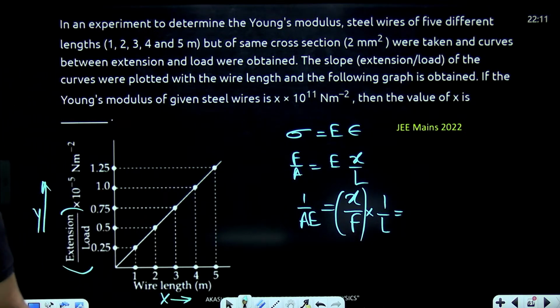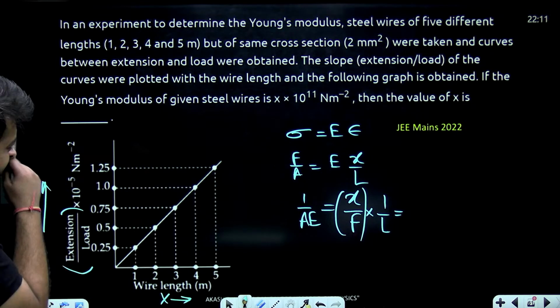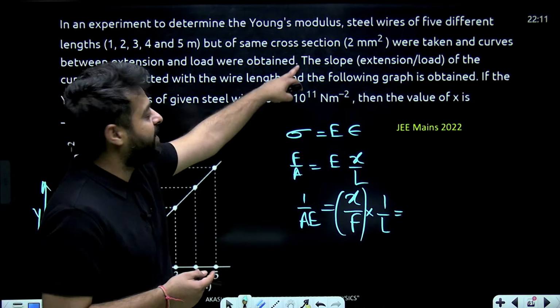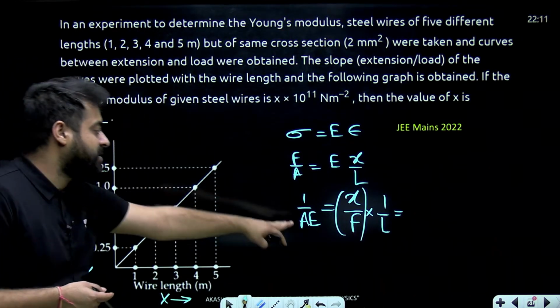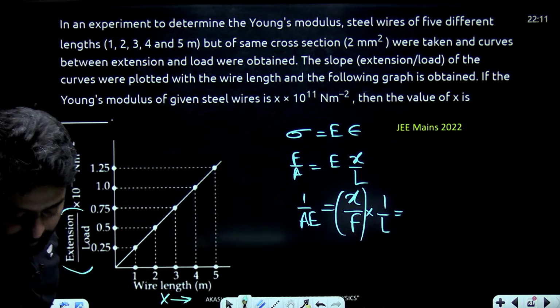The value is, you know the value, this value you know every point, and they are asking the area. For area they must be given the area, and they are asking Young modulus, which is very easy now. Again the similar problem.